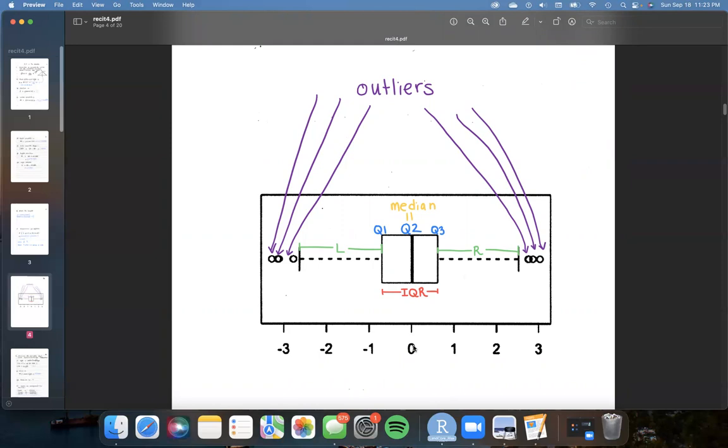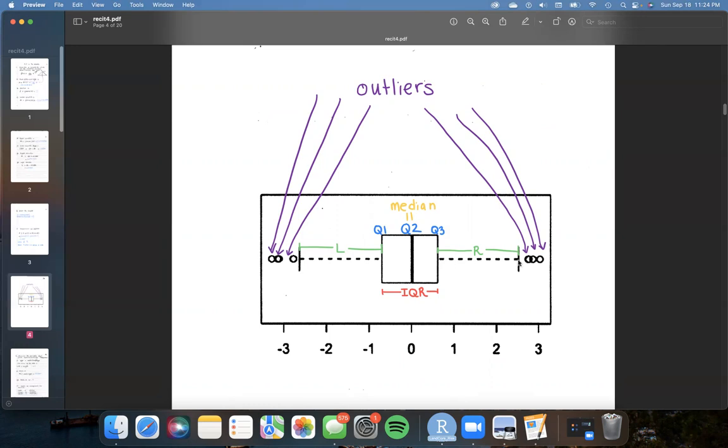Our lower quartile is negative 0.674, so if we draw the line from Q1 down, it is around negative 0.674. Since it's symmetric, this would be around positive 0.674. Our range, this distance here, is 1.34. If we look on the number line, that matches, or 1.35 if you round.